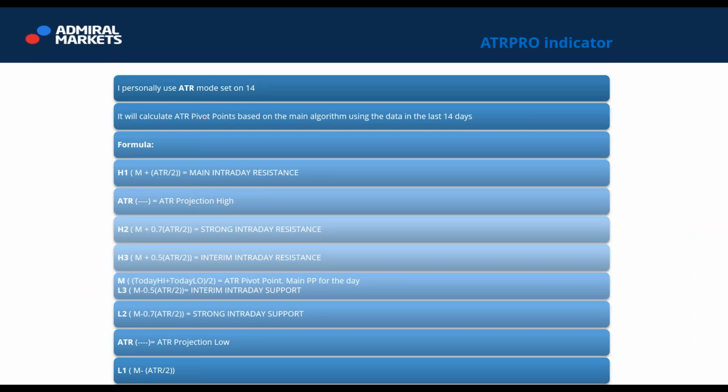It calculates ATR pivot points with the algorithm of the ATR indicator using the data of the last 14 days. This is the formula. This is the main intraday resistance, and this actually is the strong intraday support and projection lows.